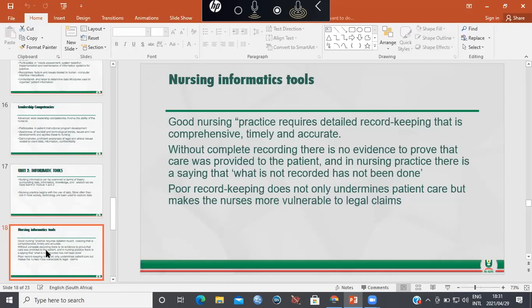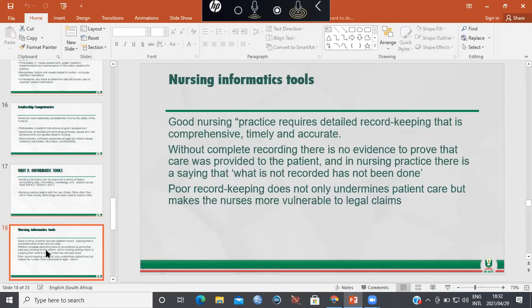And so good nursing practice requires detailed record keeping that is comprehensive, timely, and accurate. Without competent recording, there is no evidence to prove that care was provided to the patient.